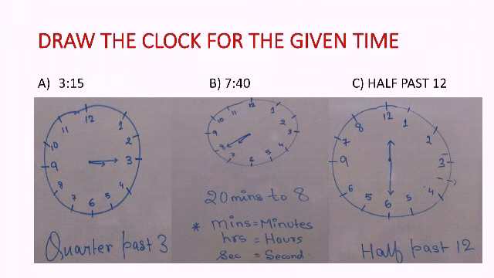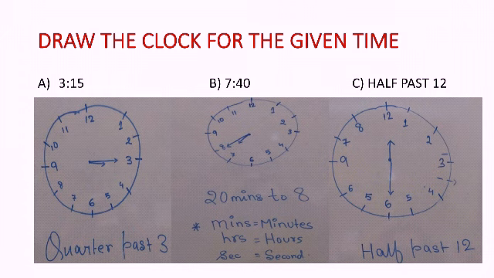Suppose the number on the right hand side is 15. So which number when you multiply 5 by, you get 15 as an answer? 3, right? So the minute hand will also point at 3. So when the time is 3:15, the minute hand and the hour hand both will point at 3.